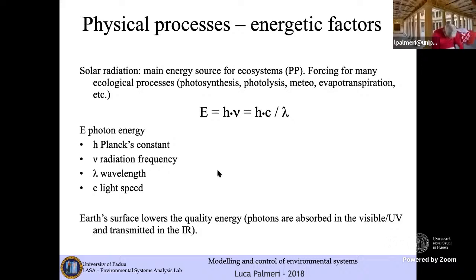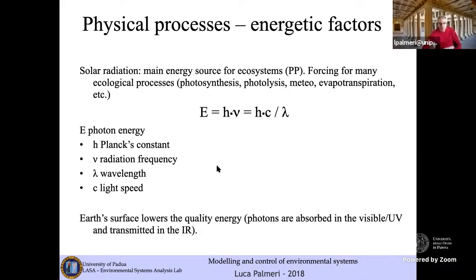We have already said that Earth's surface lowers the quality of energy, in the sense that photons are absorbed in the visible or ultraviolet spectra and retransmitted in the infrared as thermal radiation.